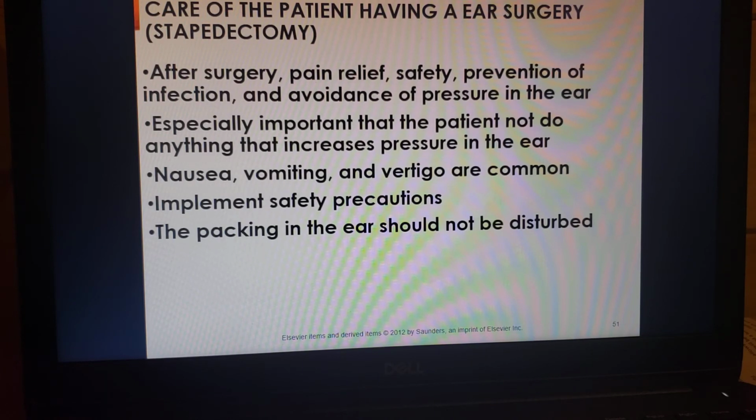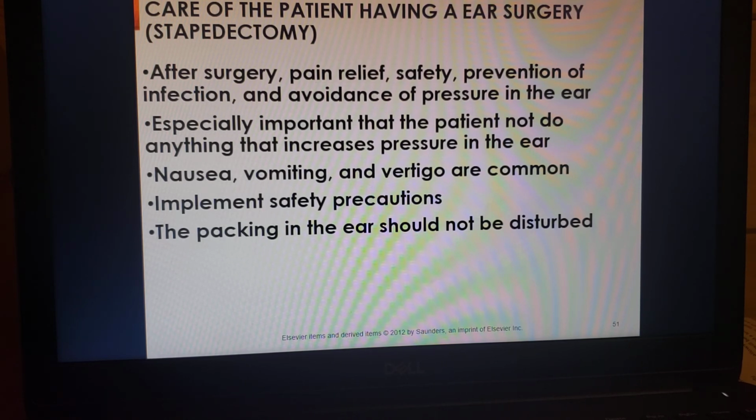Care of the patient having ear surgery, the stapedectomy. Post-op, we want to address the patient's pain, implement safety precautions, prevent infection, and avoid pressure in the ear.